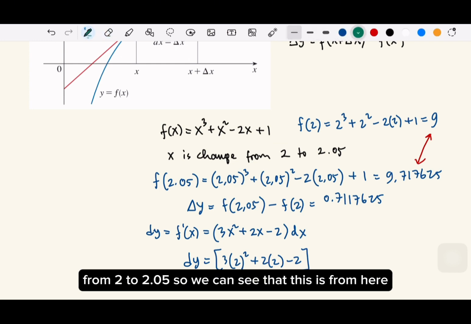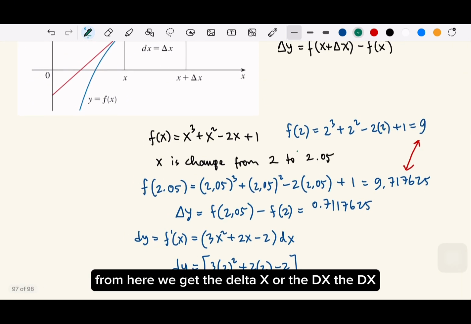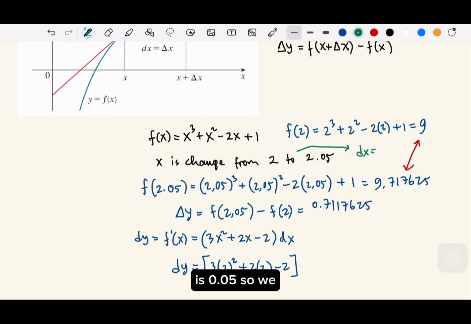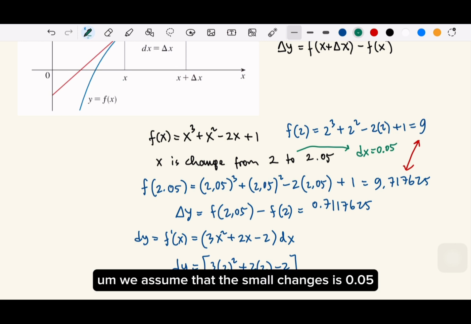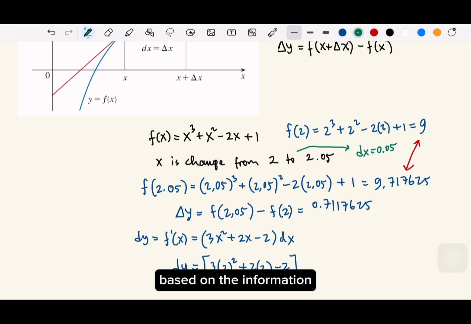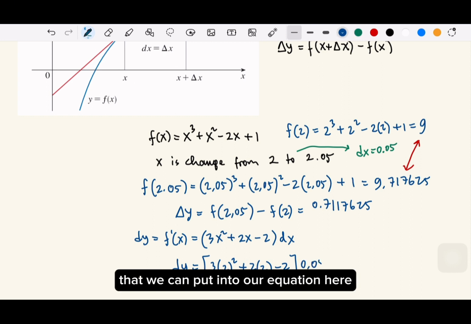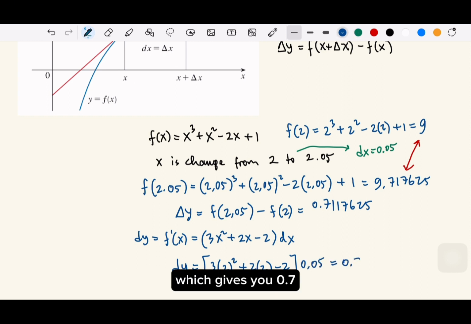So from here we get the delta x, or the dx. The dx is 0.05. So we assume that the small change is 0.05 based on the information that we can put into our equation here, which gives you 0.7.